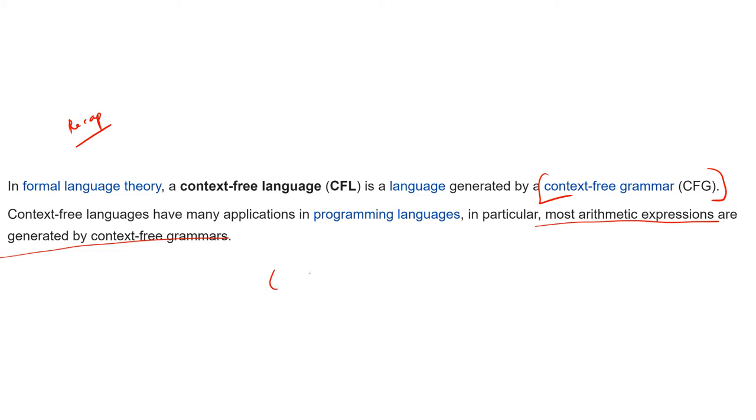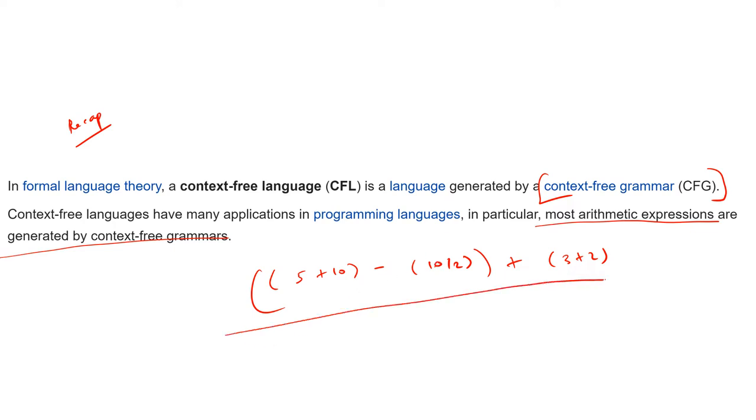An arithmetic expression is, let's say, 5 plus 10 minus 10 by 2 plus 3 plus 2, with parentheses. You can parse this expression using context-free grammars and arrive at the result in an unambiguous manner, as in instruction parsing in compilers. Yes, that's right.